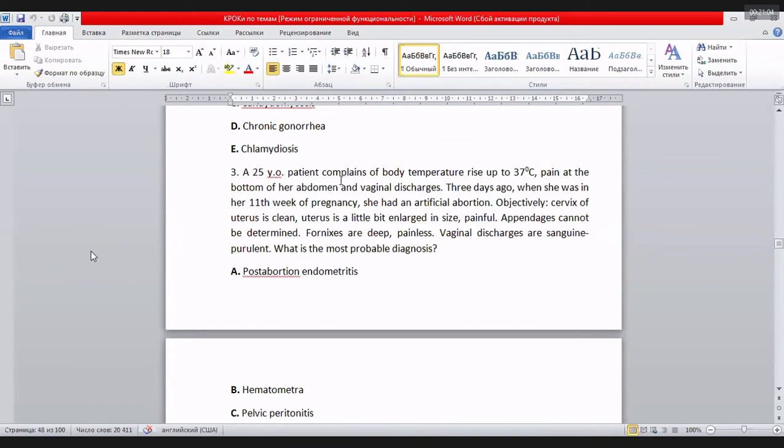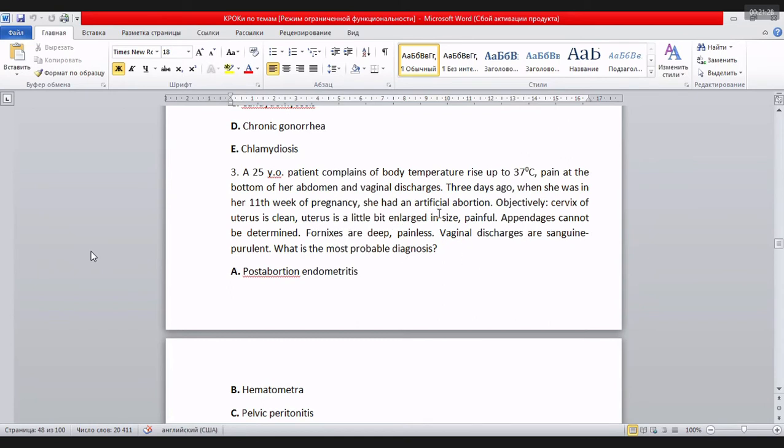A 25-year-old patient complains of body temperature rise up to 37, pain in the bottom of her abdomen and vaginal discharges. 3 days ago, when she was in her 11th week of pregnancy, she had an artificial abortion. Objectively, cervix of the uterus clean, it means without pathological changes.